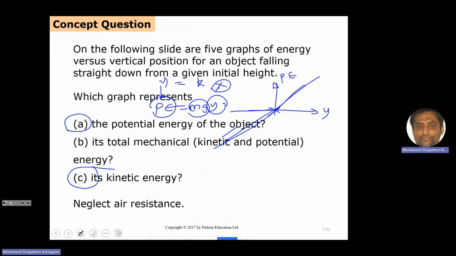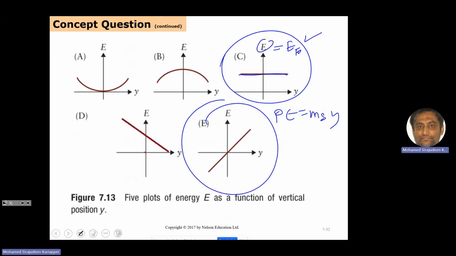The last one: what is the kinetic energy as a function of y, not as a function of speed? Don't get confused, because previously we had a graph of kinetic energy as a function of speed. Now we want it as a function of y.